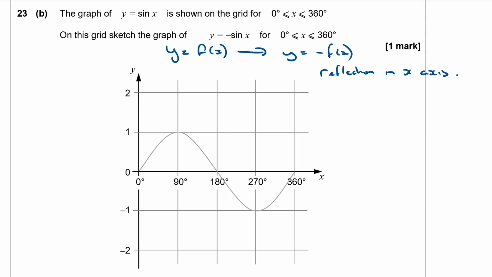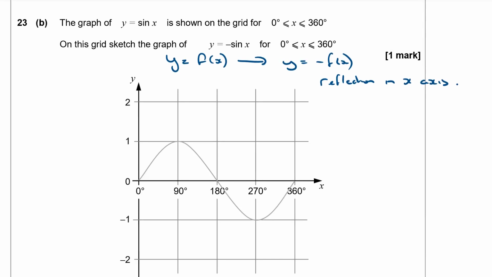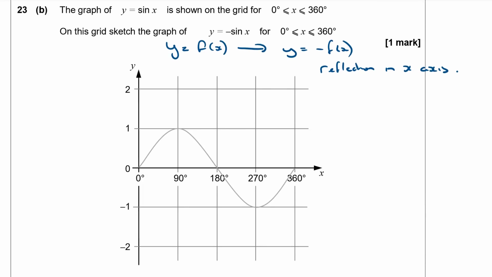Okay, so that means every point on my reference graph y equals sine x is going to be reflected in the x-axis. So again, we're going to go through a point at a time, and work out where all the image points are going to be.